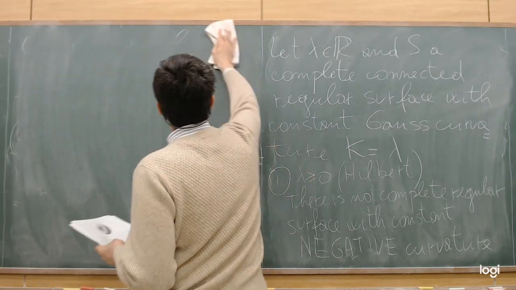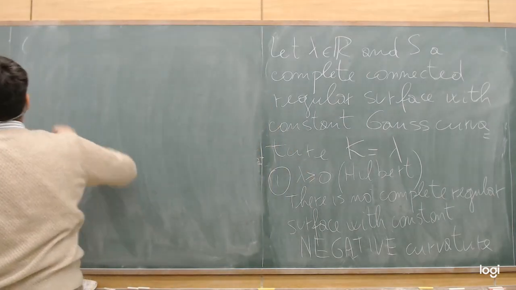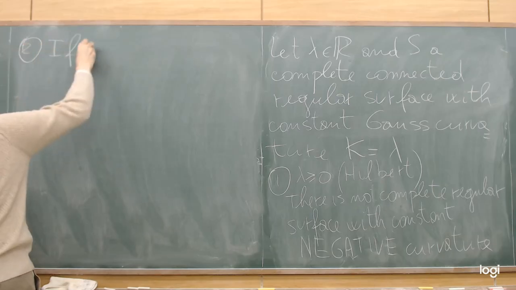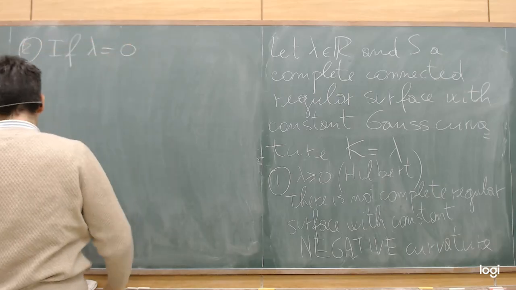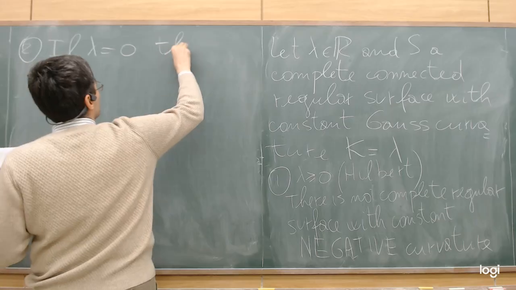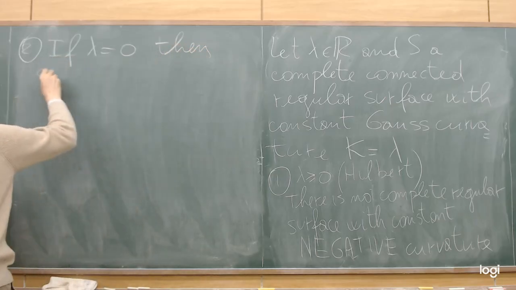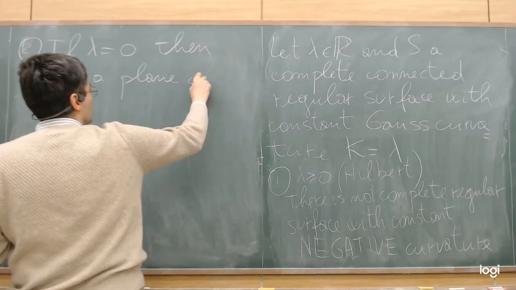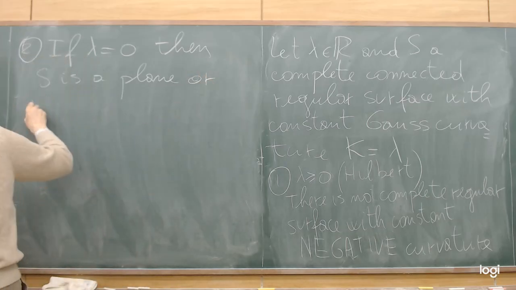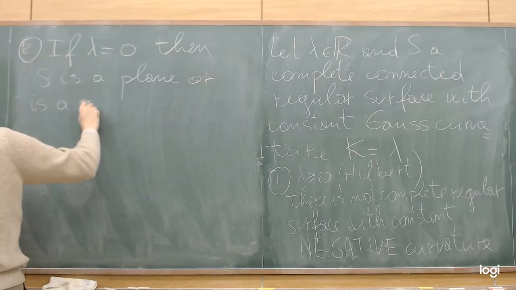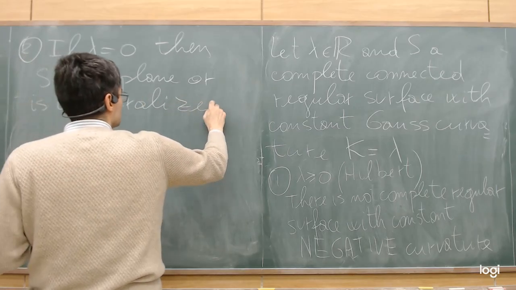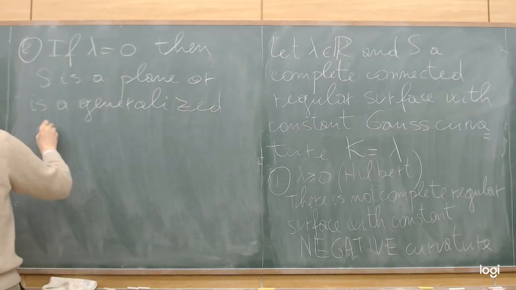The second statement is about surfaces with lambda equals 0. Then S is a plane or is a generalized cylinder.